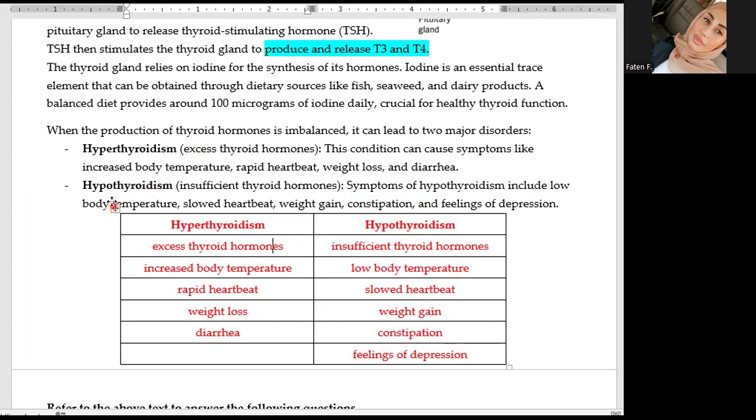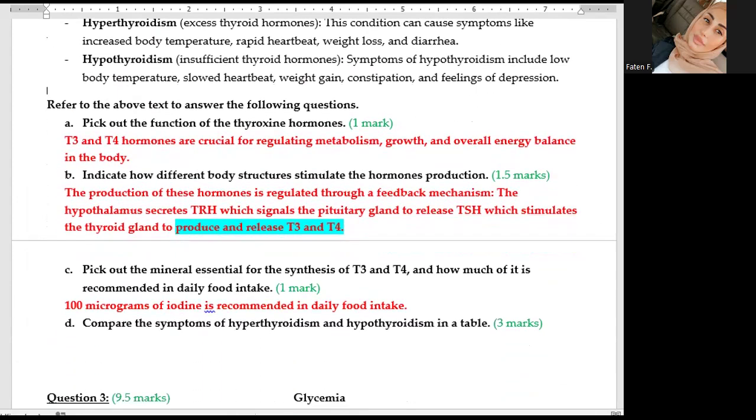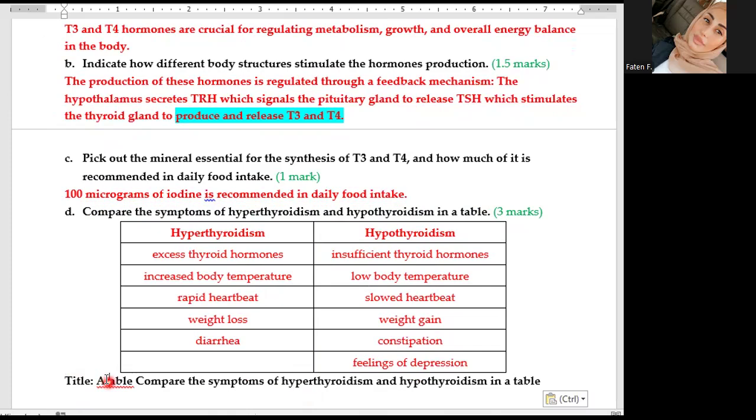First let me take it down. It's right here. So, title: a table comparing the symptoms of hyper and hypothyroidism.